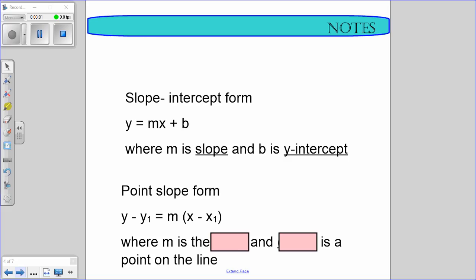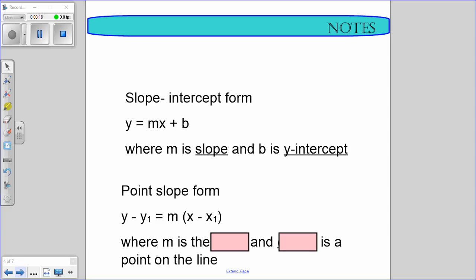This is where it crosses the y-axis. We also have the point-slope form, which you might not remember. I don't like this form as much because when I was learning, we typically just use slope-intercept form. But point-slope form is here for you as well.